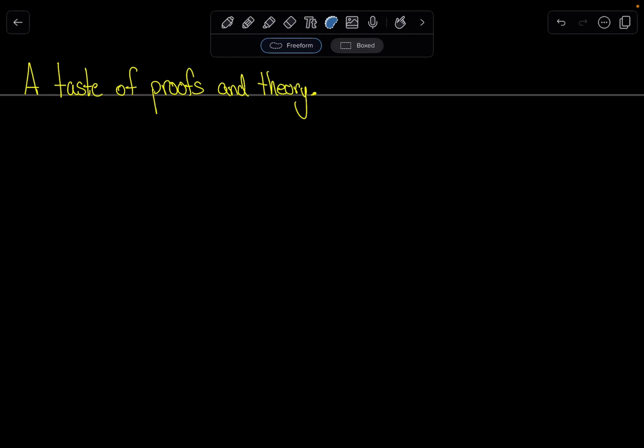And as such, since we just covered a video on one-to-one and onto functions, I thought it'd be fun to go through a mental exercise of looking at some connections between being a one-to-one transformation and a little bit of theory.